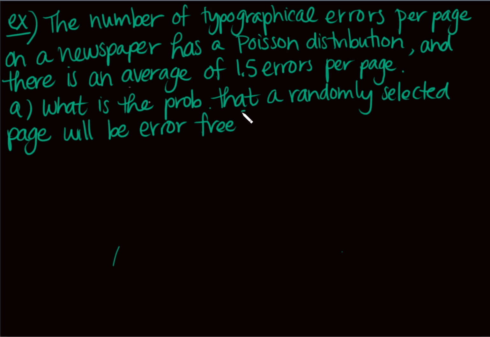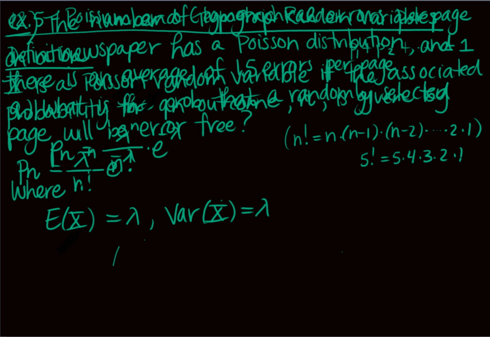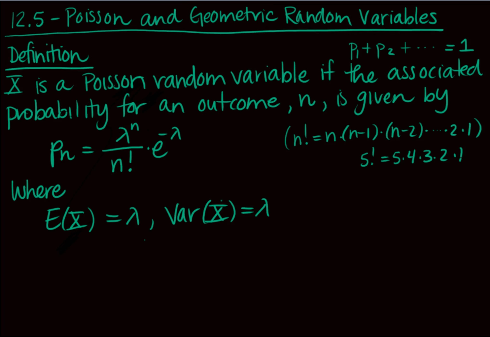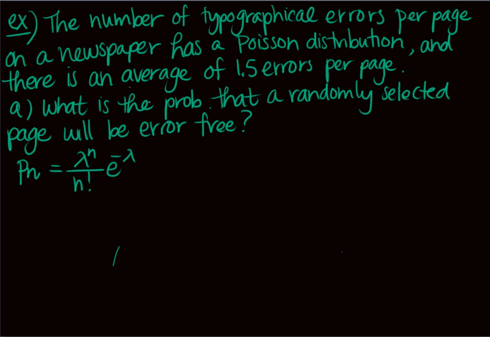So what we need to go back to is we know the probability for the outcome n is lambda to the n all over n factorial e to the negative lambda. Did I write that right on the last page? Hold on. Yeah, okay, good.